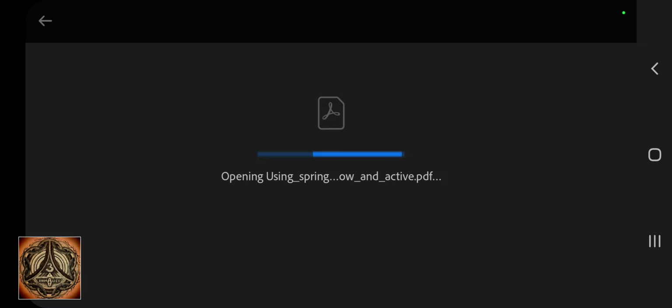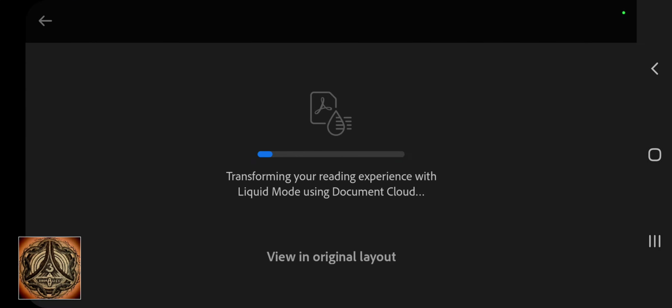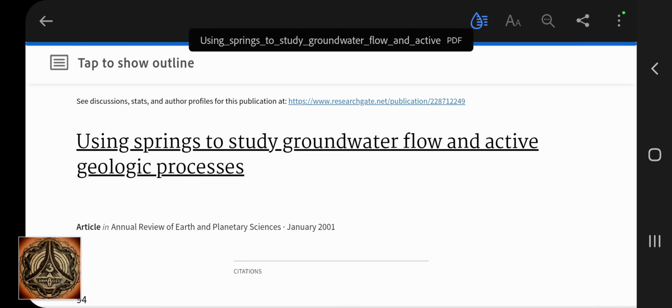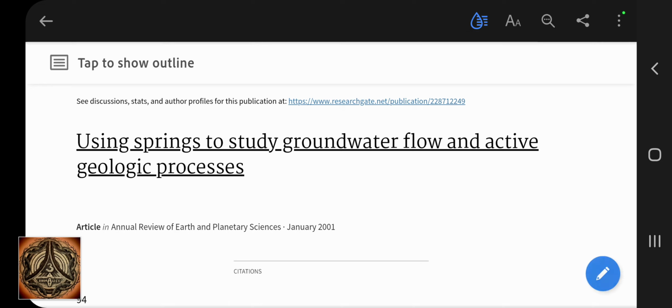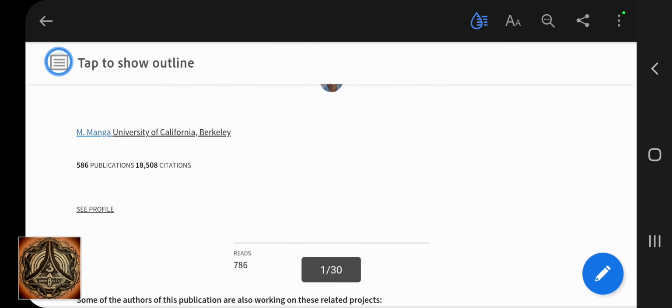And then you open it with whatever application you want to. Liquid mode, so this means it's not too long. But no fear, I won't make a read through that.